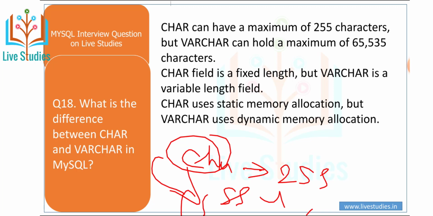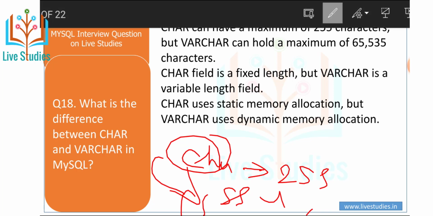CHAR uses static memory allocation, but VARCHAR uses dynamic memory allocation. Very important point.